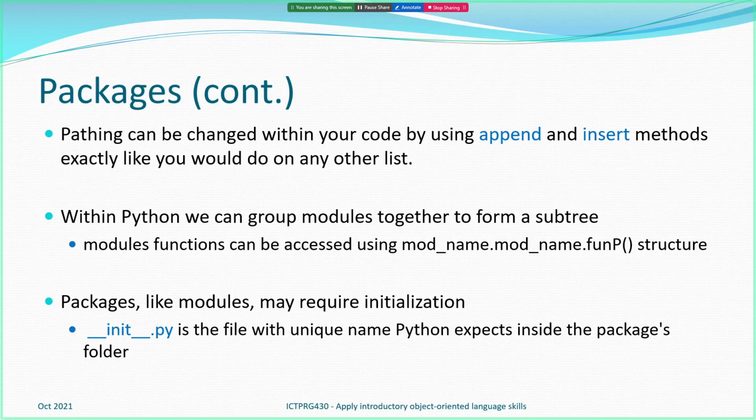So when you package things together, it's still following that name structure as you go through. So just think of it as opening each folder in the steps down to where your function is stored.